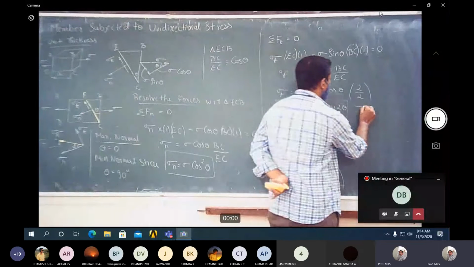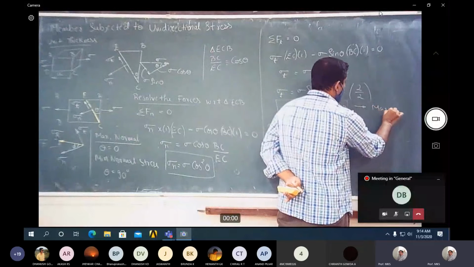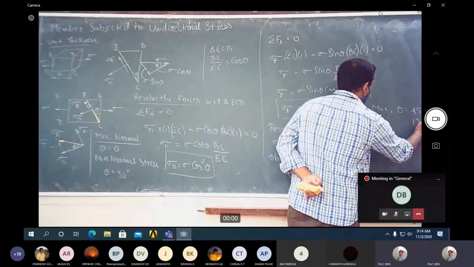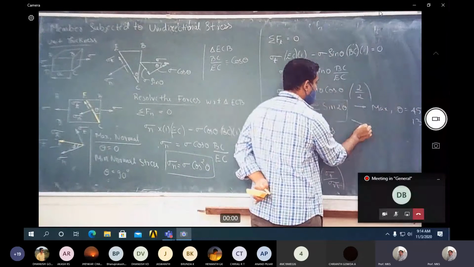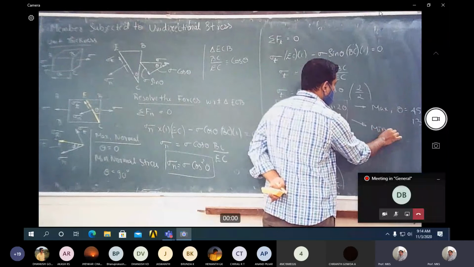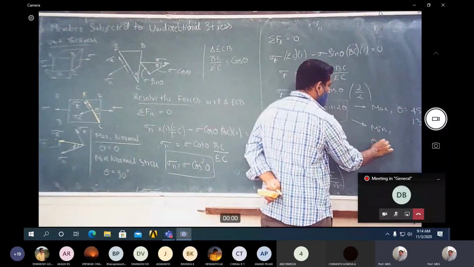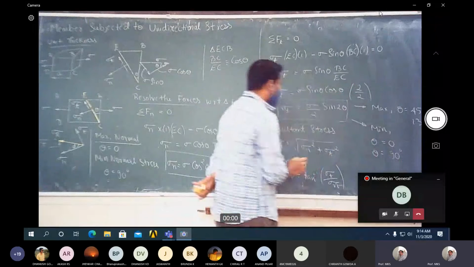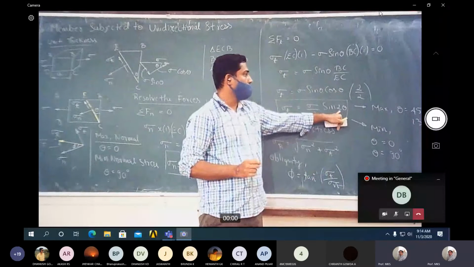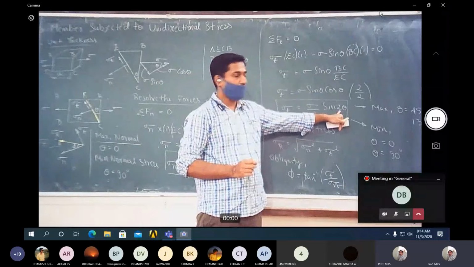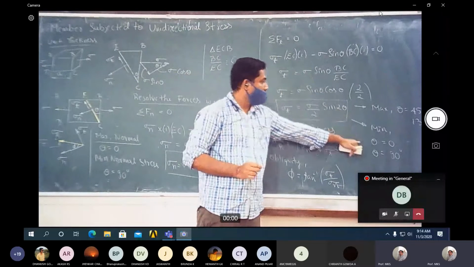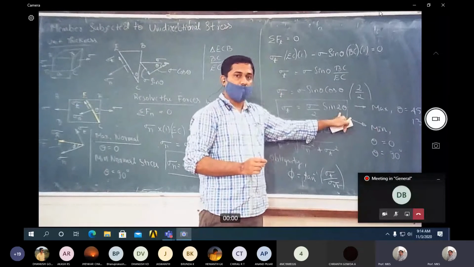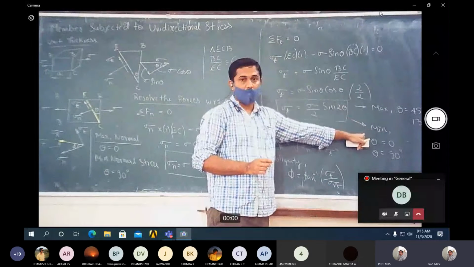So this is maximum when theta is equal to 45 or 135 degrees, and it is minimum when theta is 0 or 90 degrees. Whenever theta is 45, 2 theta becomes 90, and sin 90 is 1, sin 270 is also magnitude 1. When theta is 0, sin 0 is 0, and at 90, it is also 0. This is the condition for maximum and minimum tangential stress.